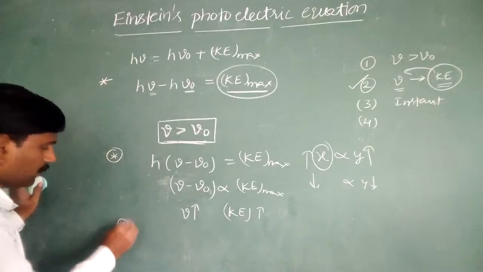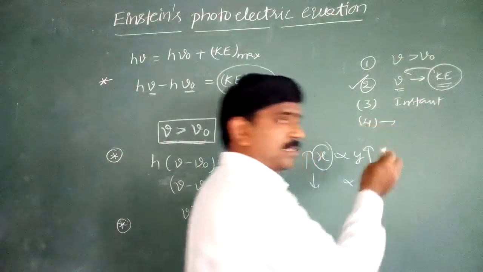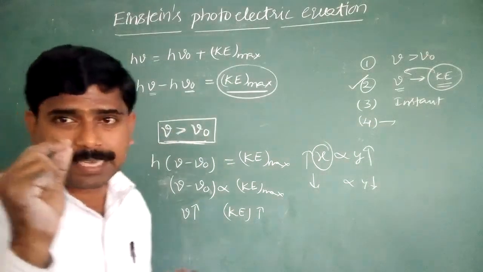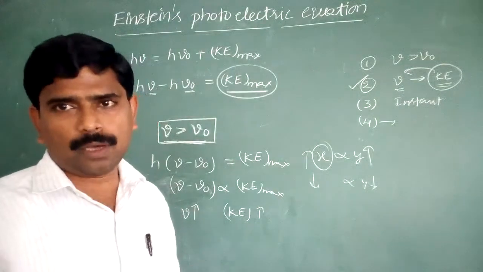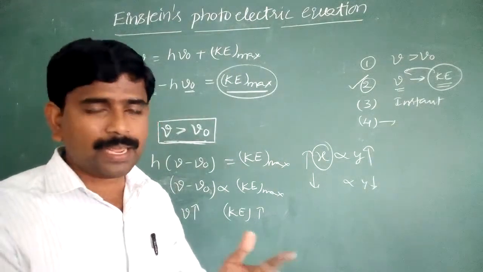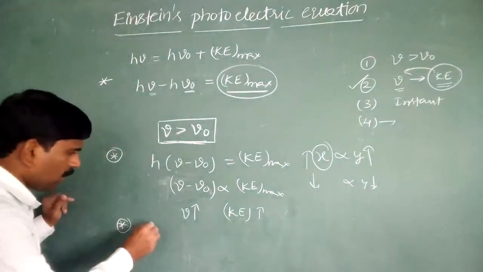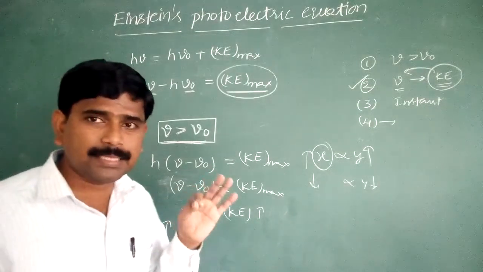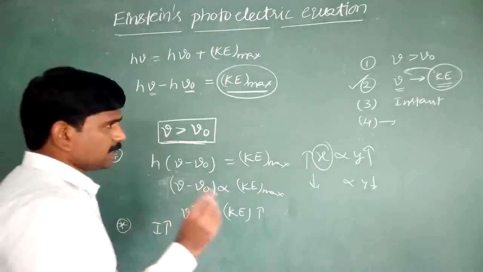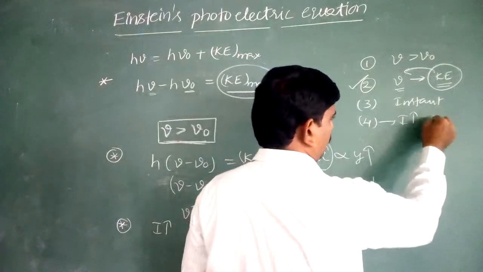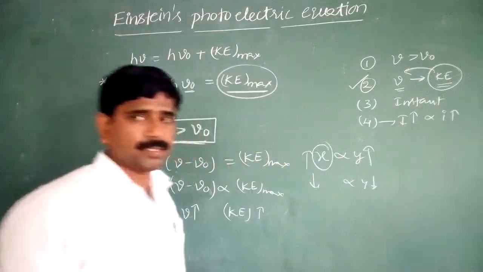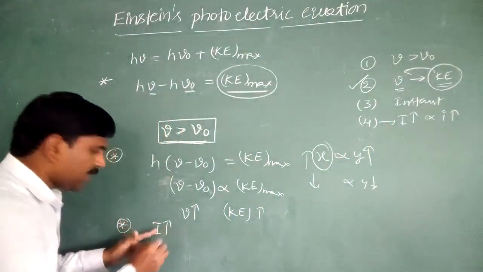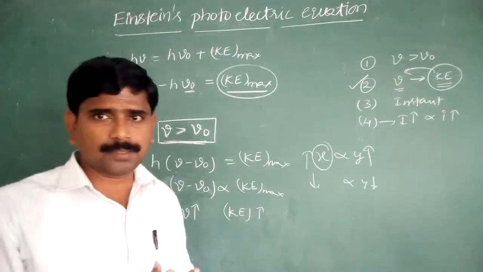Next, the third one. Yes, I am explaining the fourth one first. After that, we are going to the third one. Here, each electron absorbs one photon. So when the intensity of the incident radiation increases, the photoelectric current value also increases.